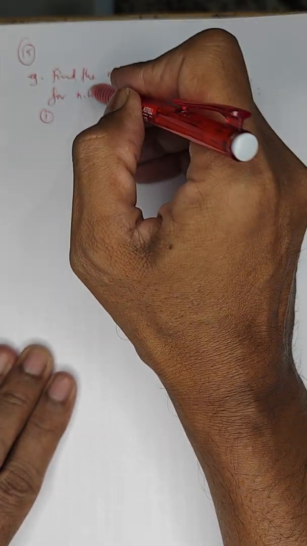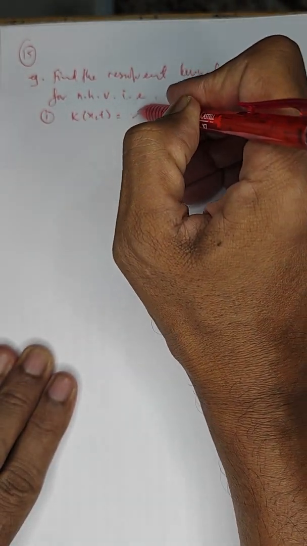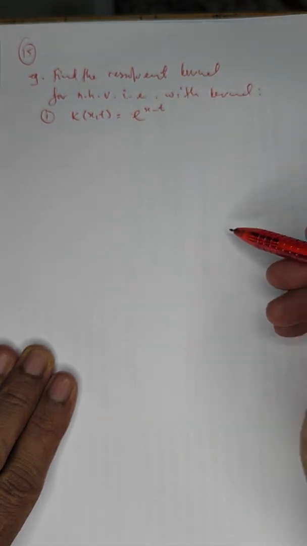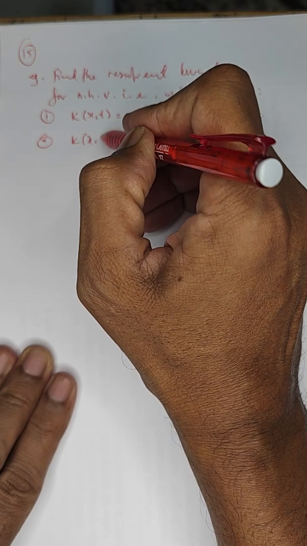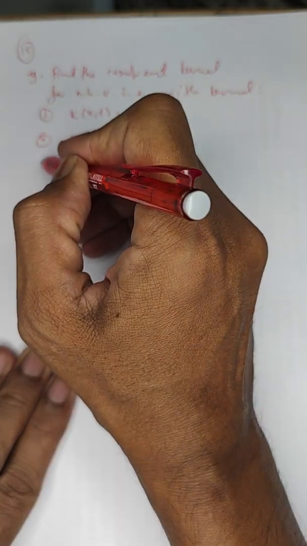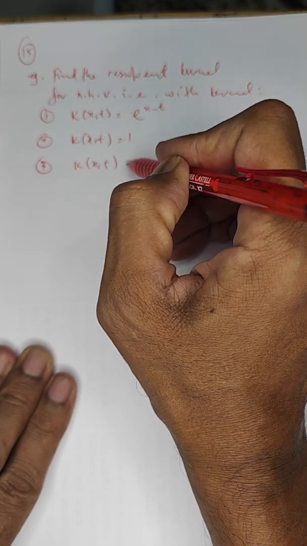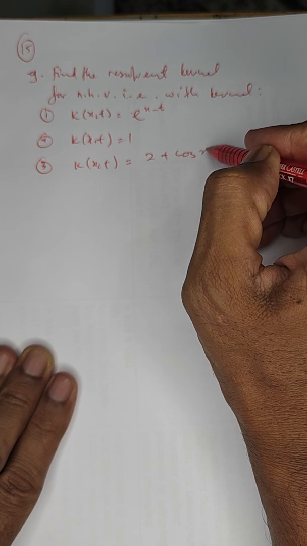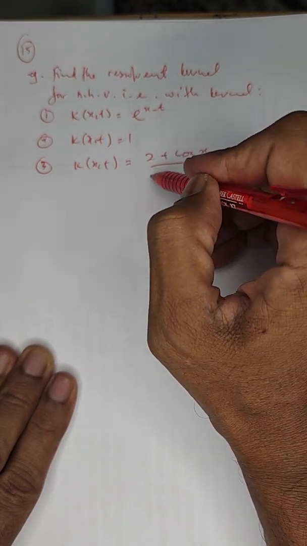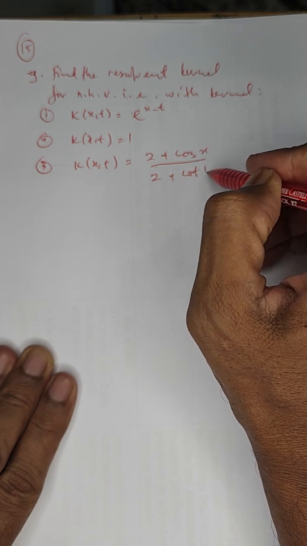First we have k(x,t) is e^(x-t), and second we have k(x,t) equal to 1, and third we have k(x,t) is equal to (2 + cos x) over (2 + cos t).